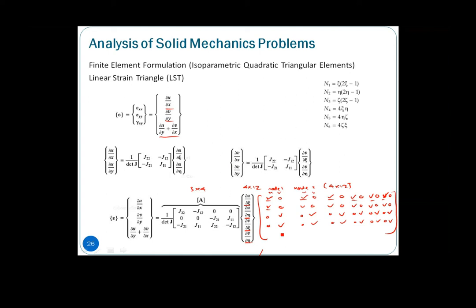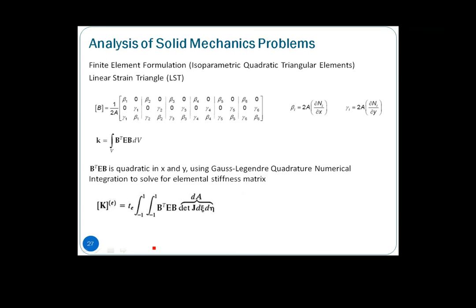All right, so we end up with 3 times 12, which is our B, if you still remember. So B times U basically gives us our epsilon. So that our B is a 3 times 12 matrix.